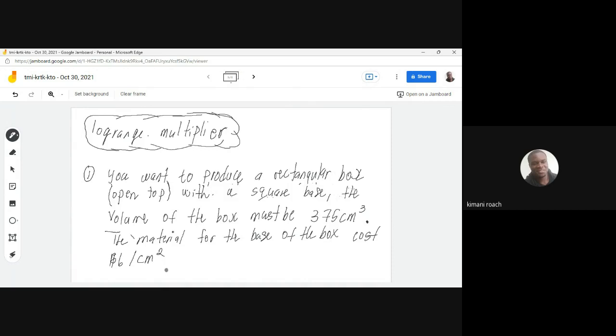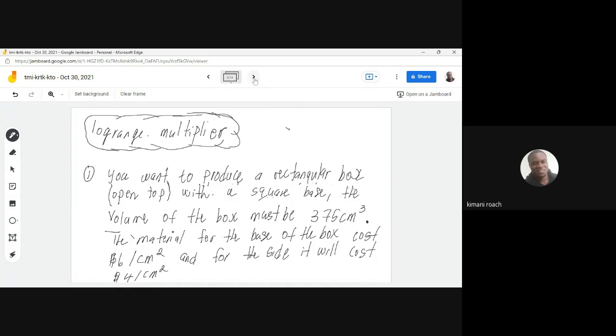Let's correct ourselves and use the correct terminology. And for the side, it will cost $4 per squared centimeter.